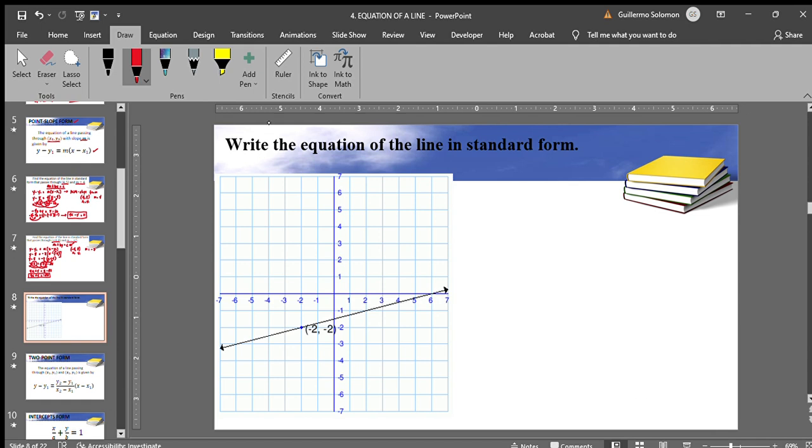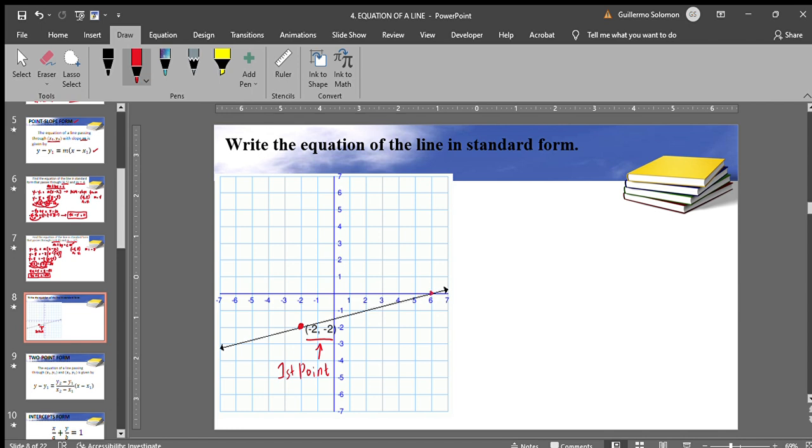So the point given here na nakalagay dyan ay negative 2 and negative 2. So we have a point. Okay, first point. Now, saan natin mahanap ang slope? So we cannot find the slope here already, but we can solve our own slope based from the given here.